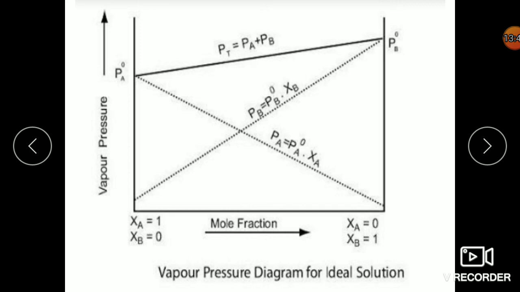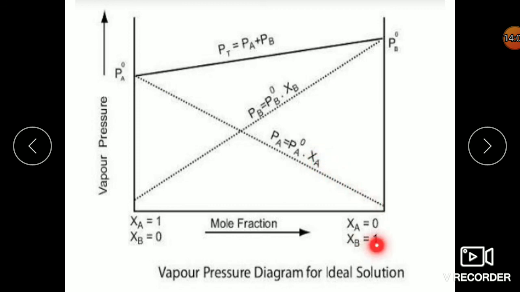Now when the mole fraction of the first component is 1, and for the other component is 0, then what happens? If mole fraction increases, you know that the vapor pressure also increases. More is the amount of the substance, more is the pressure, so the value is high. As you are decreasing, see mole fraction of the first component is becoming 0, so its vapor pressure also decreases slowly.